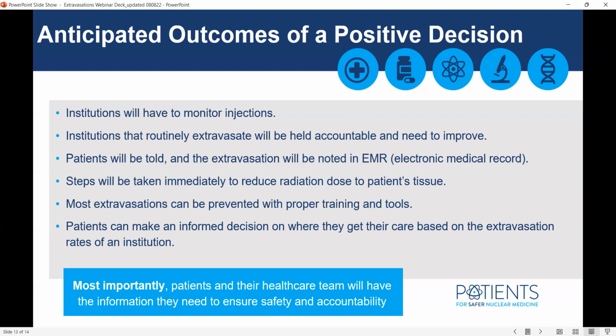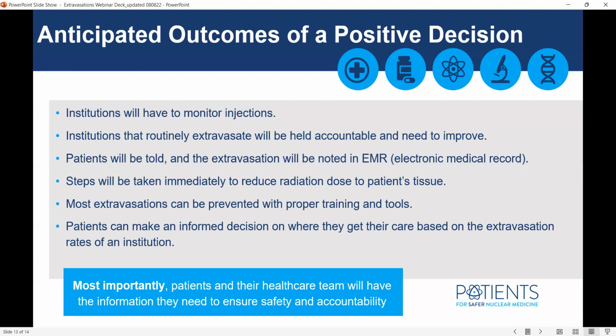Importantly, steps can be taken at the time of extravasation to reduce the radiation dose to the patient's tissue. Right now, they're not monitoring, so there are no steps to mitigate the harm. If they're required to monitor, steps will be taken and protocols will be put into place if a large extravasation happens.